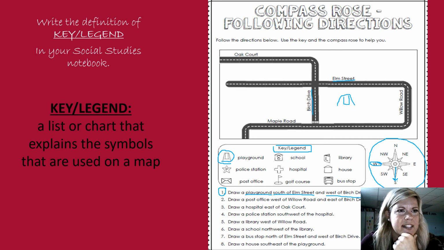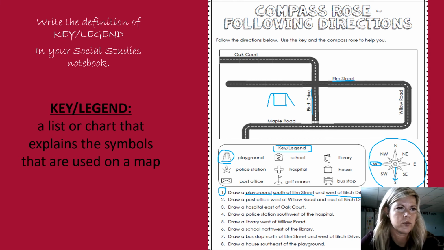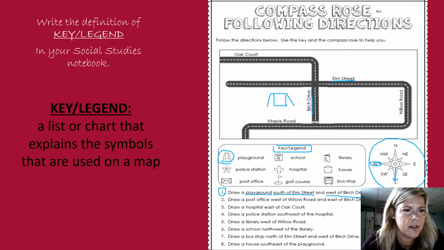Is that west of Birch Drive? No, that would be east. So we need to make sure we draw it on the left side of Birch Drive. So we could draw it anywhere over here as long as it's to the west of Birch Drive and south of Elm Street. Okay?